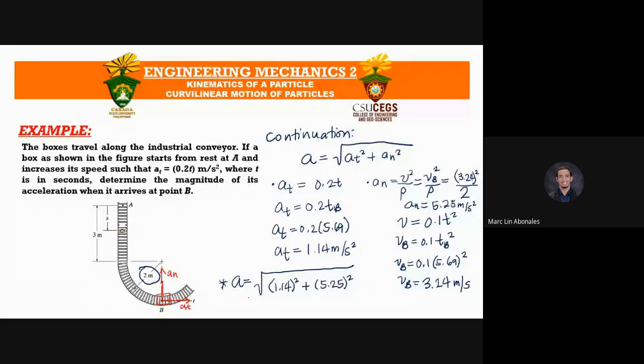What is the acceleration when it reaches point B? 5.37 meters per second squared. So the acceleration of the box when it reaches point B is 5.37 meters per second squared.